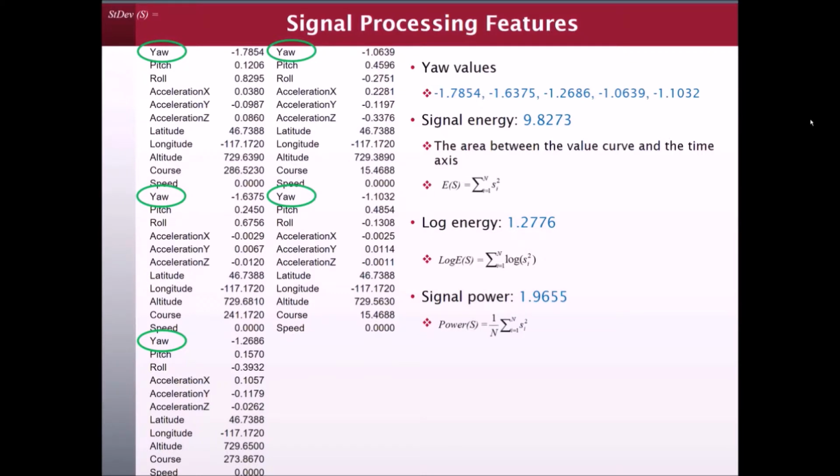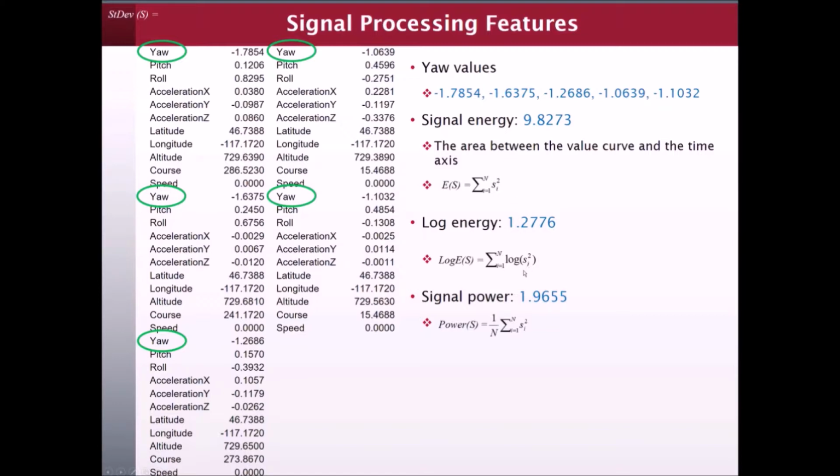There are many features that could be included in our vector that describes the data that we've collected from a mobile device. We are not going to be able to cover all of them in this discussion, but another set that we can touch on are signal processing features that are commonly used in signal processing applications, which include signal energy, which essentially represents the area between the plotted curve of values and the time axis, and can be computed in the discrete value case as the sum of the squared values.